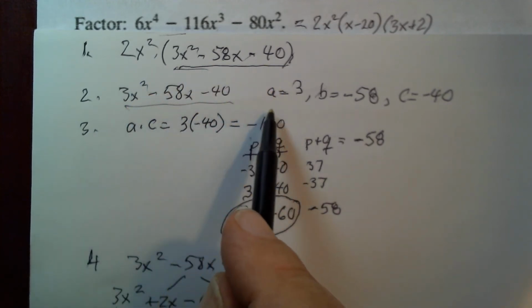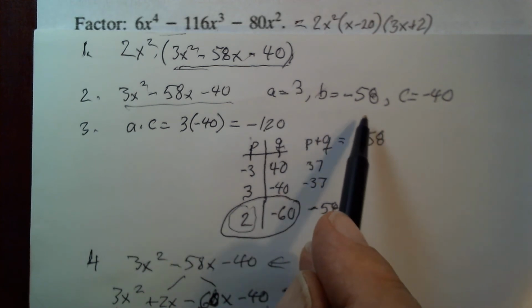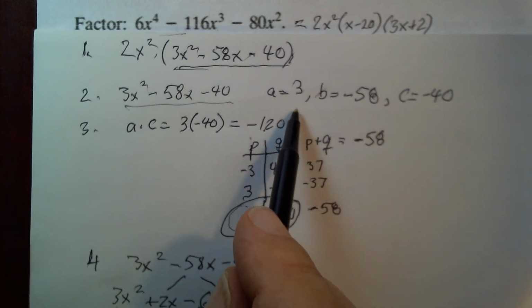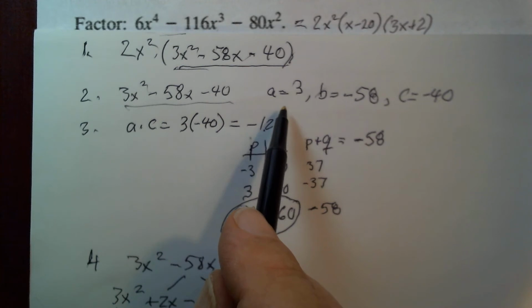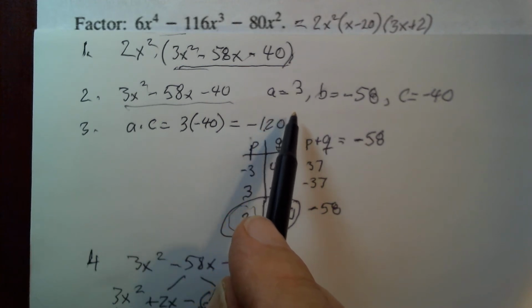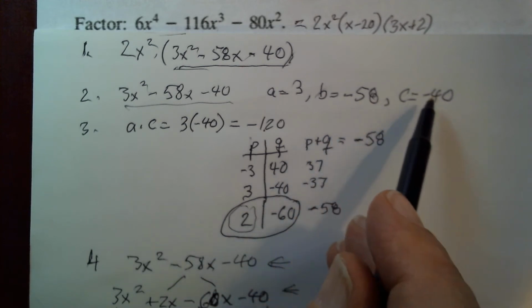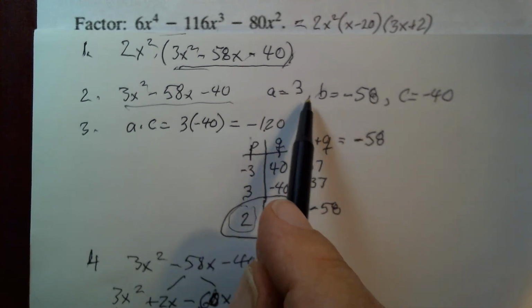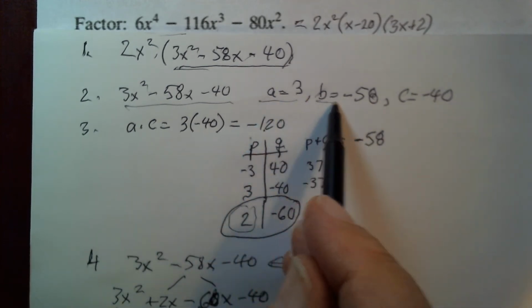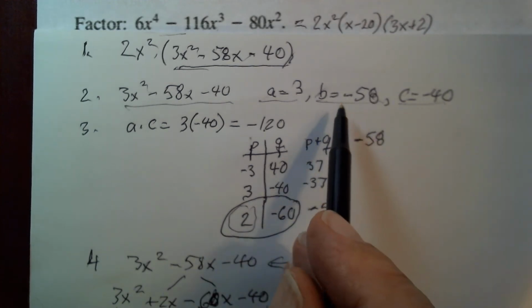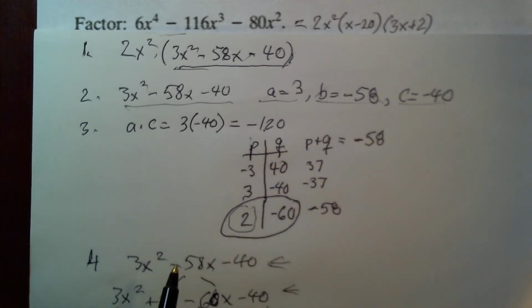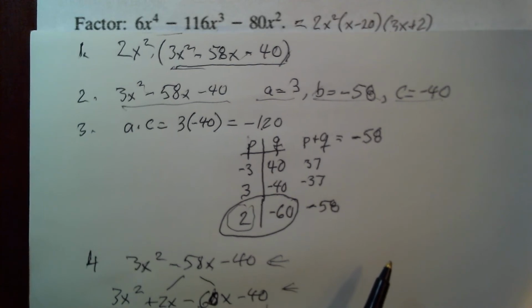And we identify A, B, and C. I recommend you always do that in writing. Don't try to do it in your head. The problem with doing it mentally is that people, in many cases, forget the minus signs. So do yourselves a favor and write out what A, B, and C are. Be specific. You can't go wrong with that.